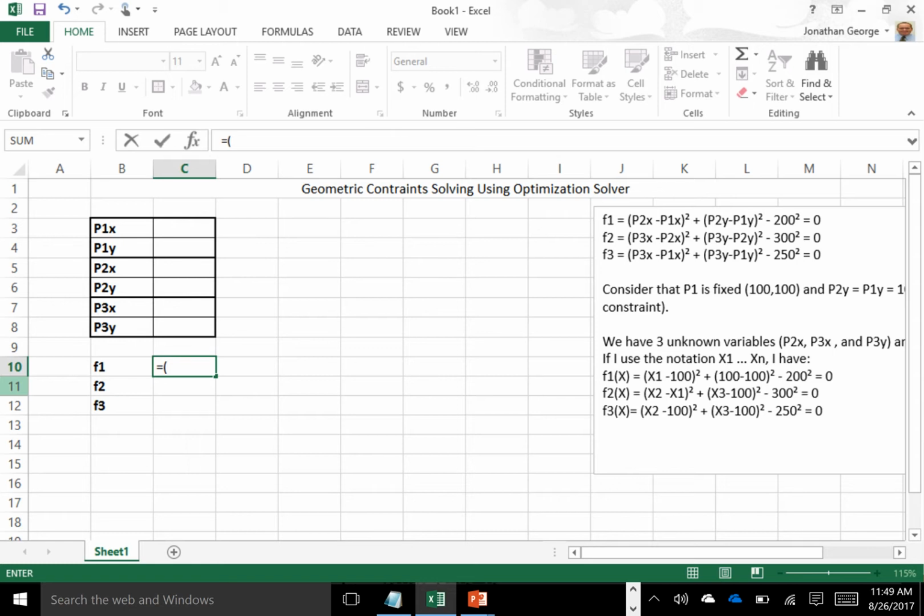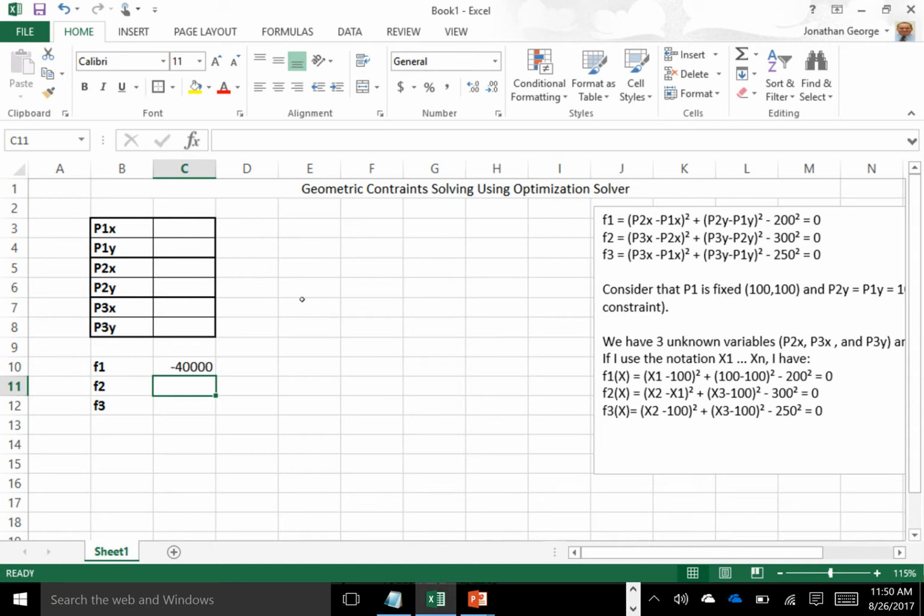So this first one is P2x minus P1x, that quantity squared, plus P2y minus P1y, quantity squared, minus 200 squared. Okay, so there's our first constraint equation.